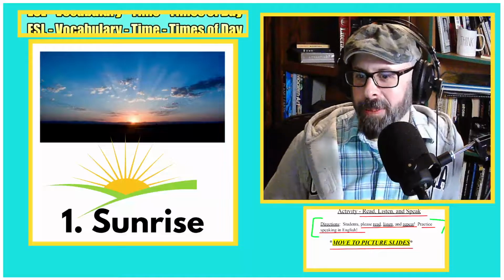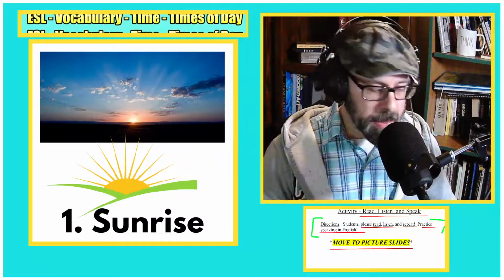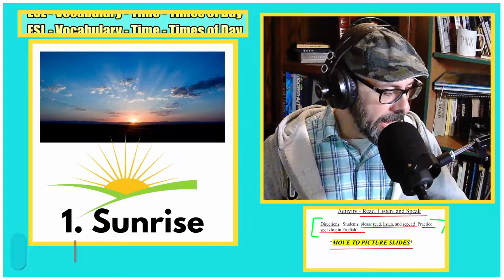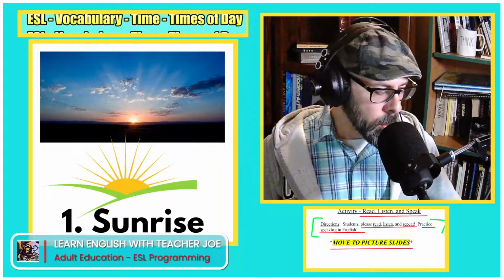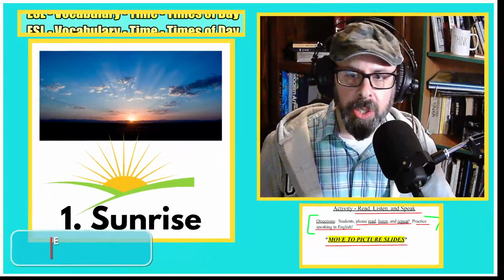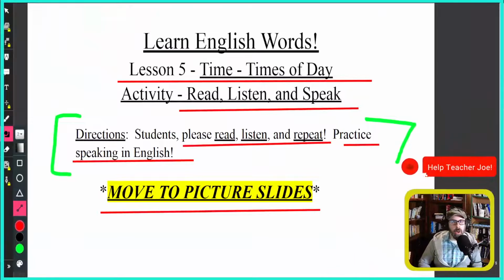Back to number 1. So here the directions will be a little bit different. For this activity, which is a new activity, what we're going to do is listen and repeat. This is your chance to speak. This is your chance to talk. This is your chance to practice your pronunciation by listening and repeating.